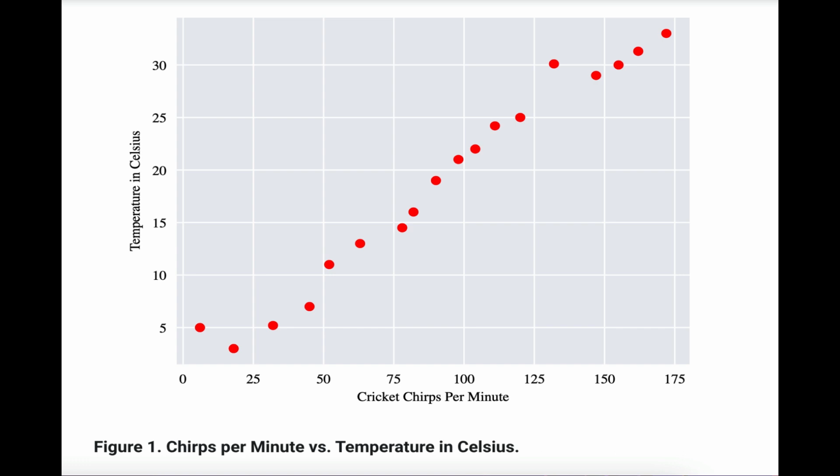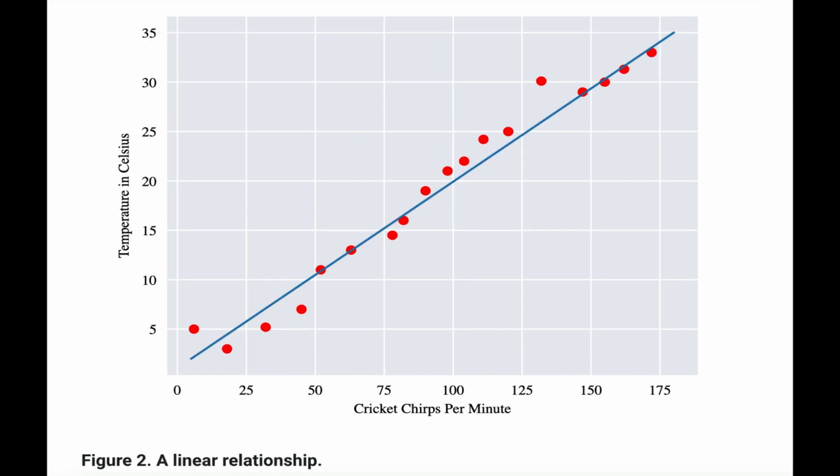As expected, the plot shows the temperature rising with the number of chirps. Is this relationship between chirps and temperature linear? Yes, we could draw a single straight line like the following, as shown in the diagram, to approximate this relationship.